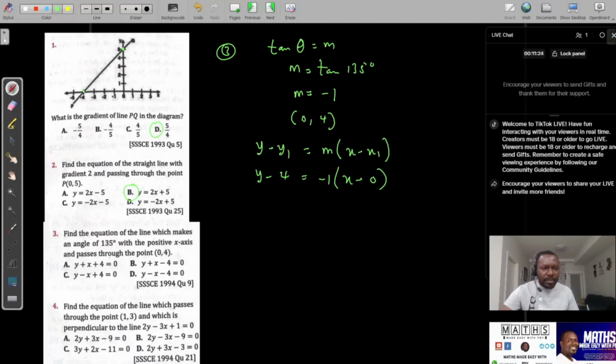The solution was left in the general form, so it means everything was equated to 0. So going further, we'll have y minus 4 equal to negative x plus 0. Regrouping, we'll have y plus x minus 4 equal to 0. Let's look out for the solution in the possible answers. And y plus x minus 4 is possible answer B.